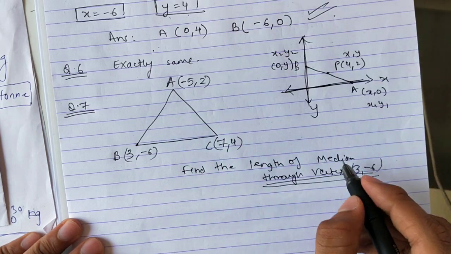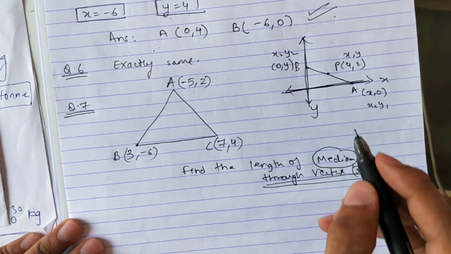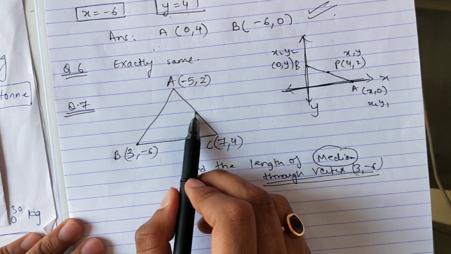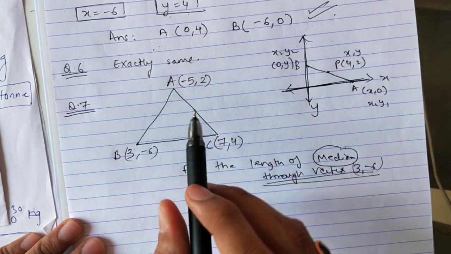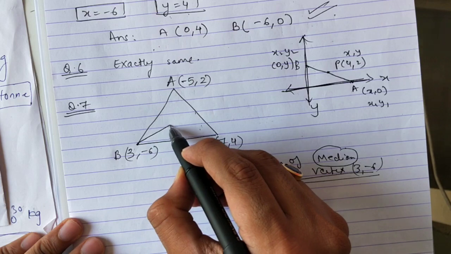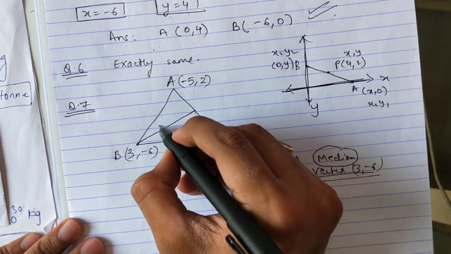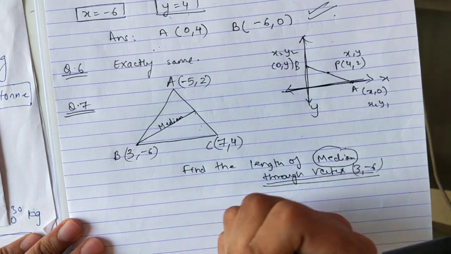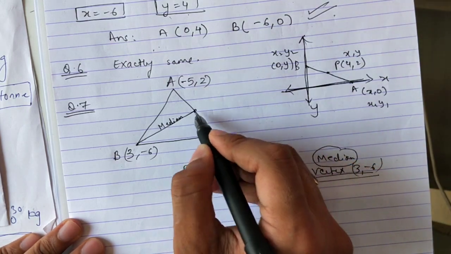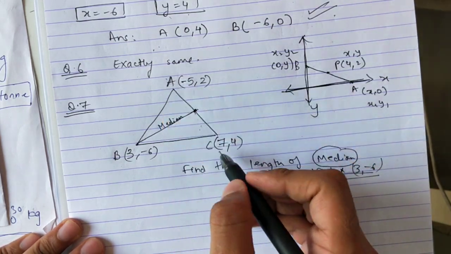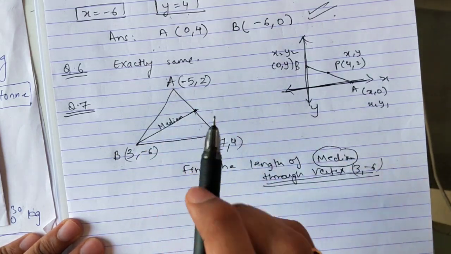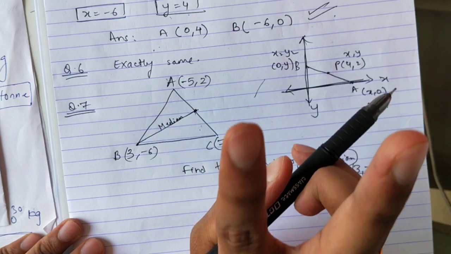Okay, what is a median? A median is a line which divides the opposite side into 2 equal parts. That means we have to draw a line from here. This is the median. And the median has a property that this point which is on the line AC, the median divides this side into 2 equal parts.